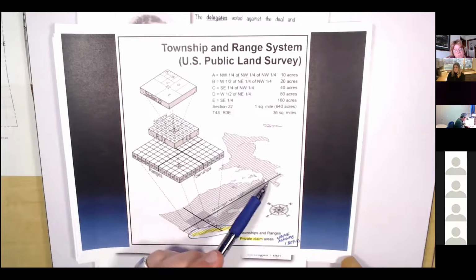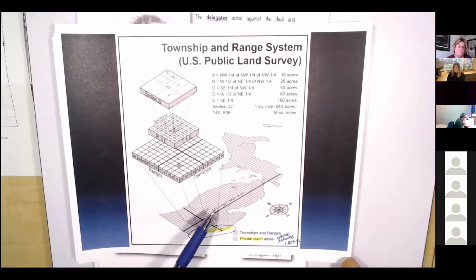But if you see all this crosshatching going on up here, we were talking a minute ago about townships and ranges and section numbers. In order to define the location of a piece of property, they had to make a determination as to a center point for the state.